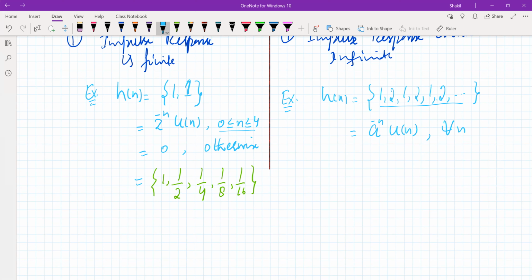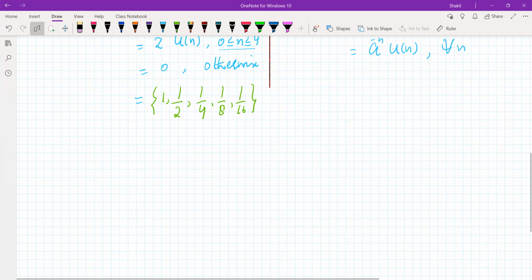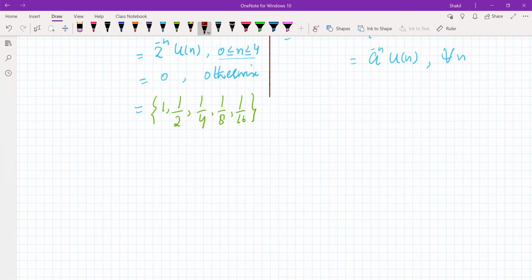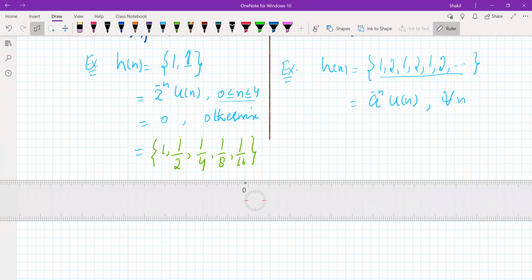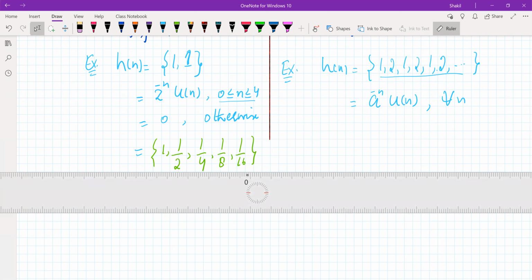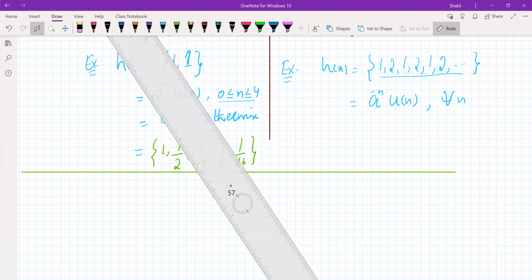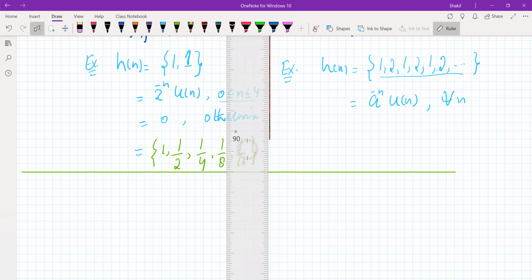So this is defined for all n, so the duration of this filter is infinite, right? I hope you have got the idea of the finite and infinite impulse response. Next, this is the first difference between these two: in terms of duration, the duration is finite and infinite, right?